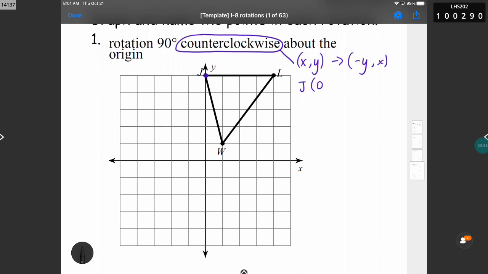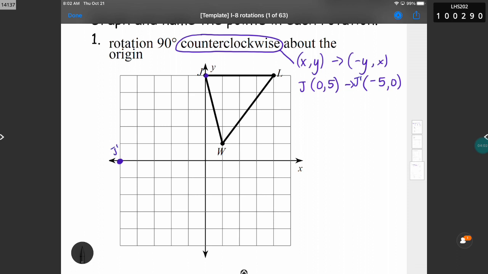So 0 and 5. For me to change this, it's going to become the opposite of positive 5, which is negative 5 and 0. Okay, does everybody see that? So that would be my first point. So negative 1, 2, 3, 4, 5, and 0. So I'm going to be here, and this is going to be J prime.